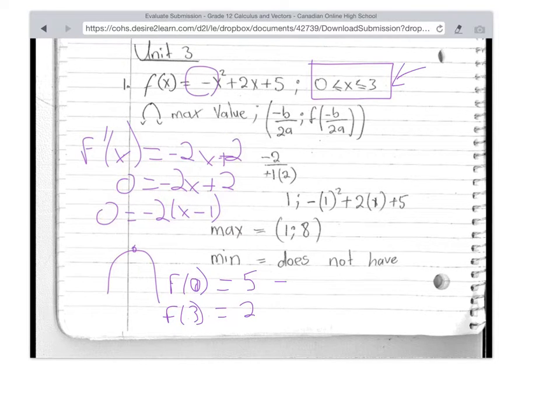So if either of these points is lower or higher than the y value that you got for your critical point, then you may have another max or min in that interval. In this case, the local min, the absolutely lowest point in this interval is the point 3, 2. And so you have to list that as the lowest point or the local minimum in that interval.